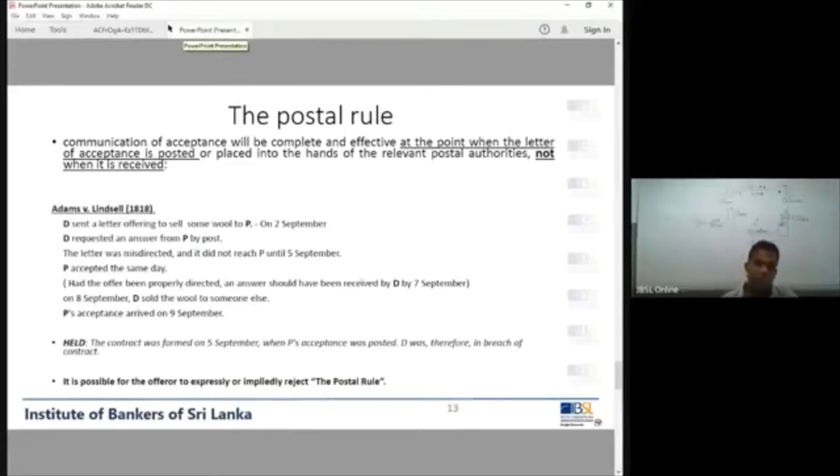Court said, as per the postal rule, when the letter is posted, the acceptance is complete. So therefore, when the acceptance is complete, offer and acceptance is there, there is an agreement. By selling the wool to somebody else, D has breached the contract. So therefore, he has to pay damages to the other party, that is P. So that was the decision.